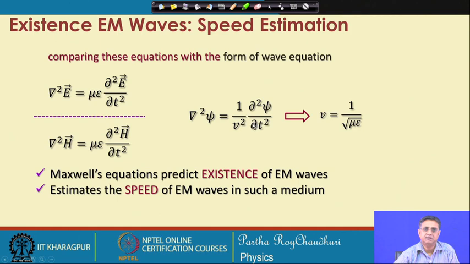By this comparison, Maxwell could predict the existence of electromagnetic waves, and from this equation he also predicted the speed of electromagnetic waves in free space by knowing the values available to him at that time.